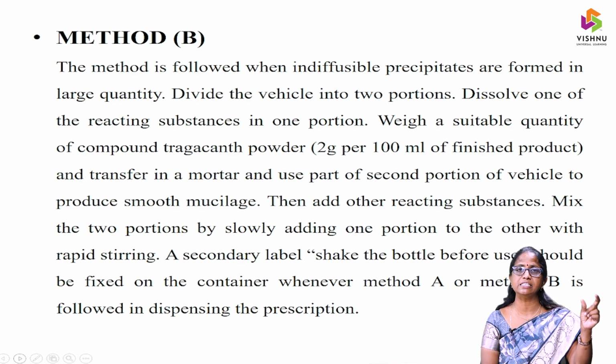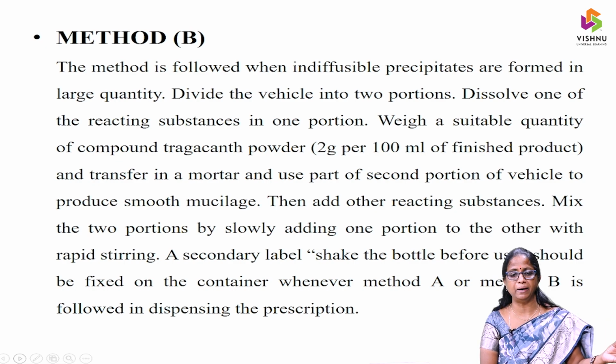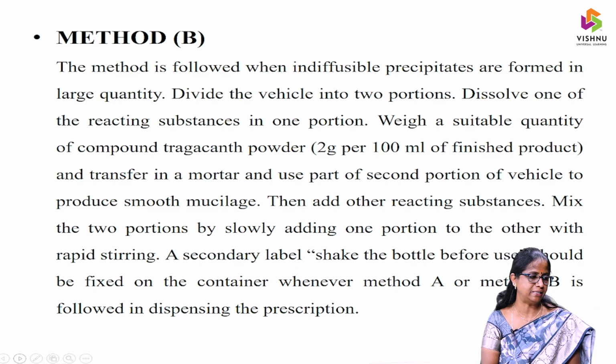Add one reacting substance to one vehicle, and in a mortar take the other reacting substance and tragacanth powder and mix with the solvent. Then the content of the other beaker is added slowly with rapid stirring. You should always mention "shake well before use" for method B. Whenever you find method B, you add tragacanth powder, 2 grams per 100 ml.